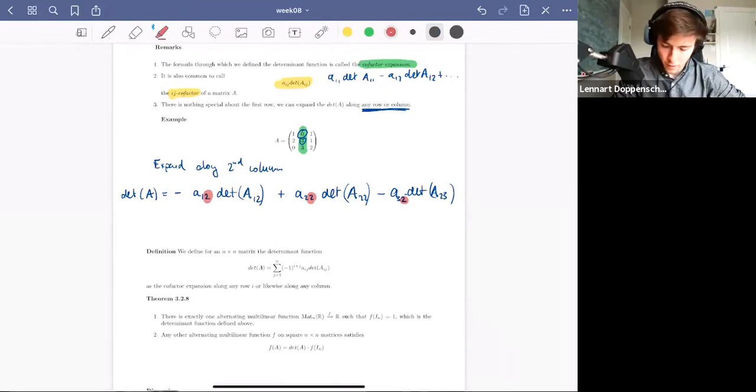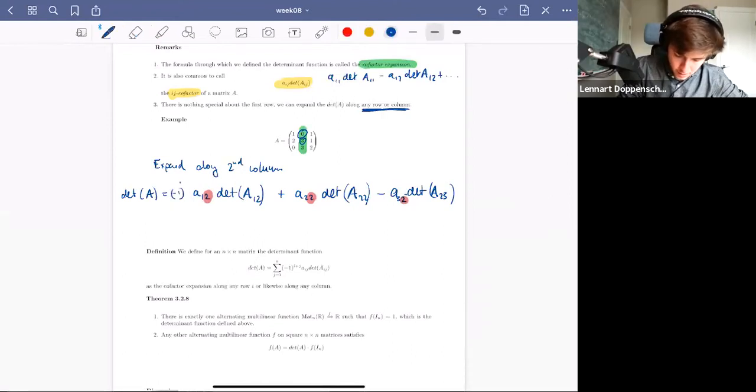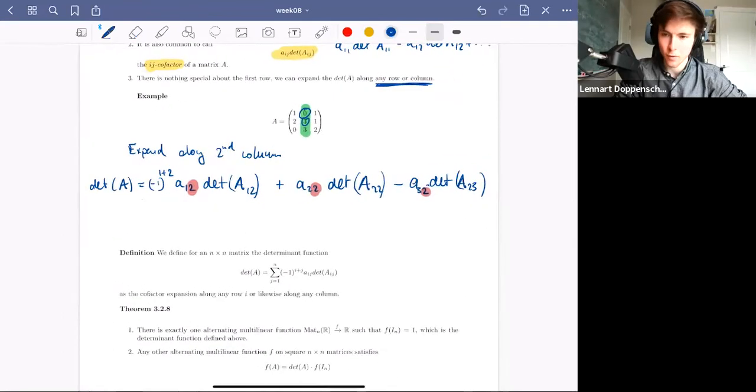And we might wonder about the signs now. The signs are actually exactly what Adrian suggested. It's -1 to the power of the indices of the row and column that the cofactor is taken from. So if you take the 1, 2 cofactor, then you have -1 to the 1 plus 2. If you have the 2, 2 cofactor, you have -1 to the 2 plus 2.